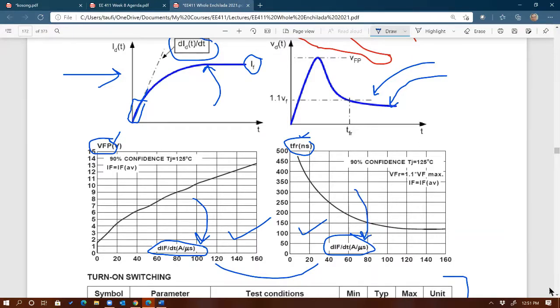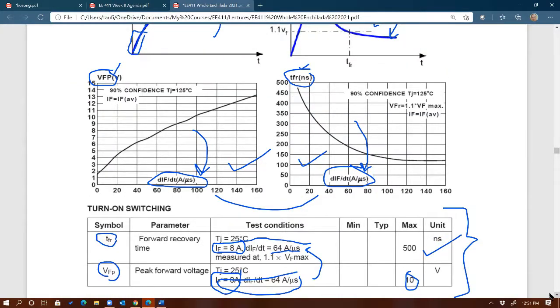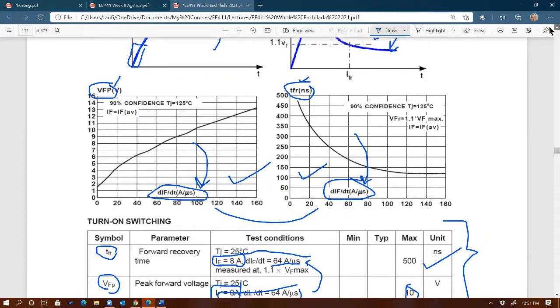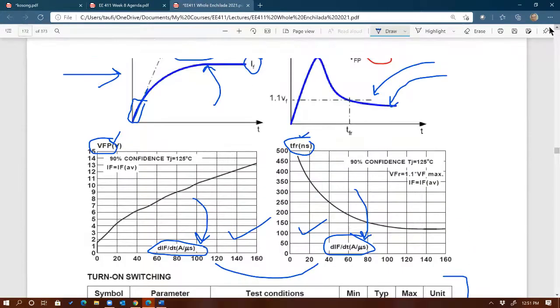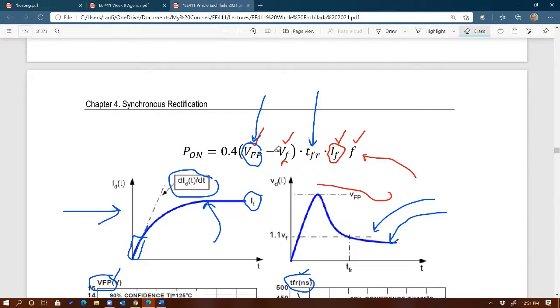Any questions? Good. What are we using the slopes for again, with reference to the equation? To get VFP and TFR, right there. You need those. Okay, thank you.